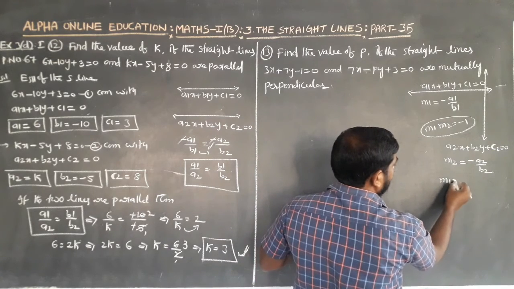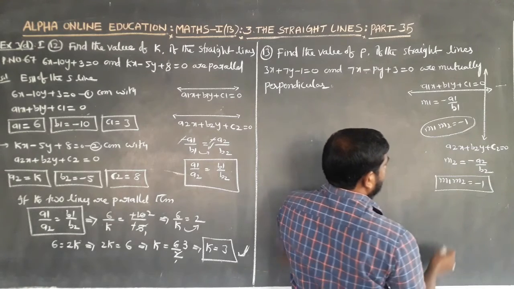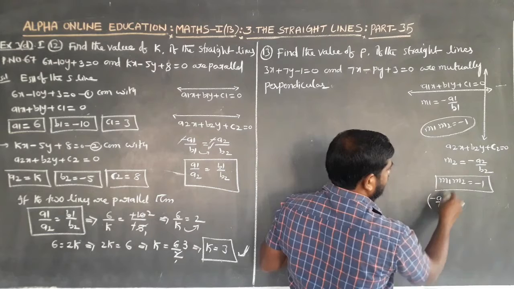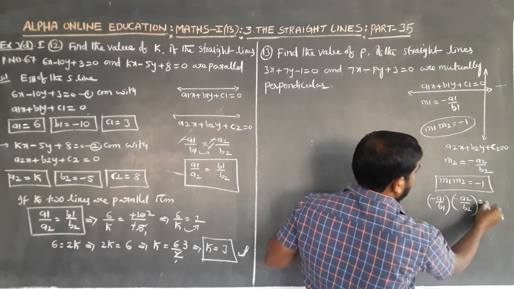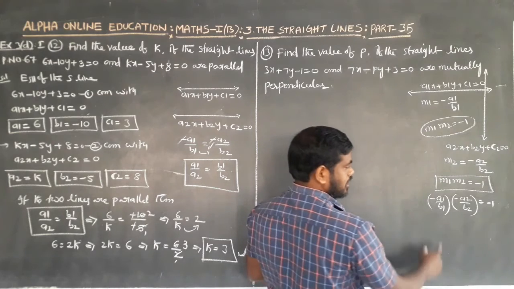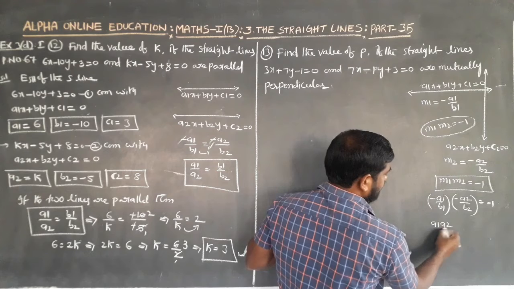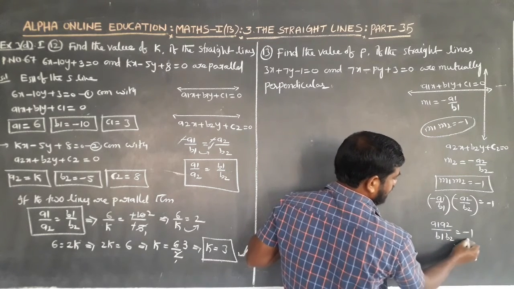So m1 into m2 is equal to minus 1. m1 is minus a1 by b1, m2 is minus a2 by b2, so minus into minus is plus. So a1 a2 by b1 b2 is equal to minus 1.